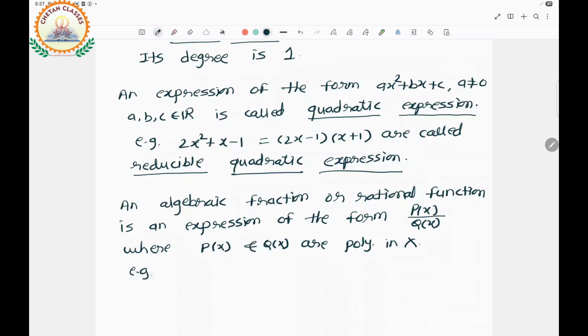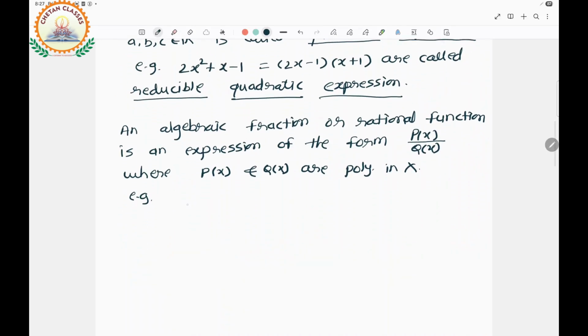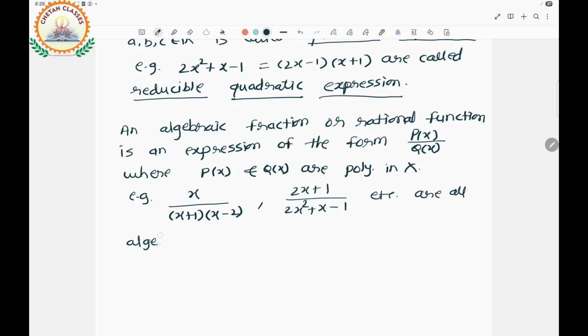For example, x upon x plus 1, x minus 2, then 2x plus 1 upon 2x square plus x minus 1, etc. are all algebraic rational functions.